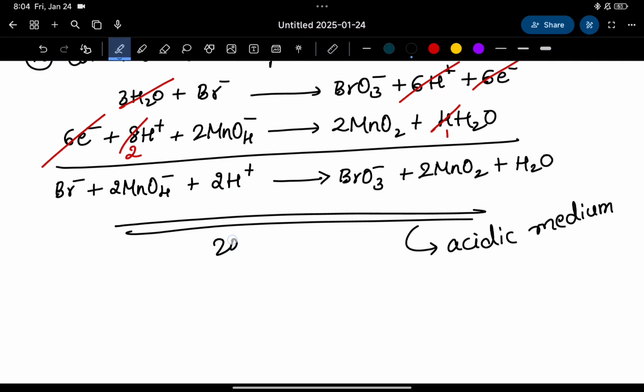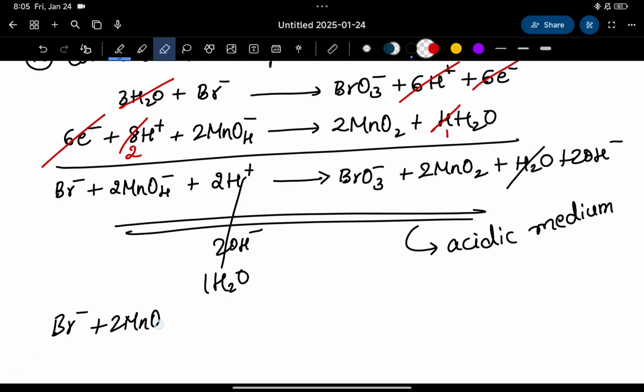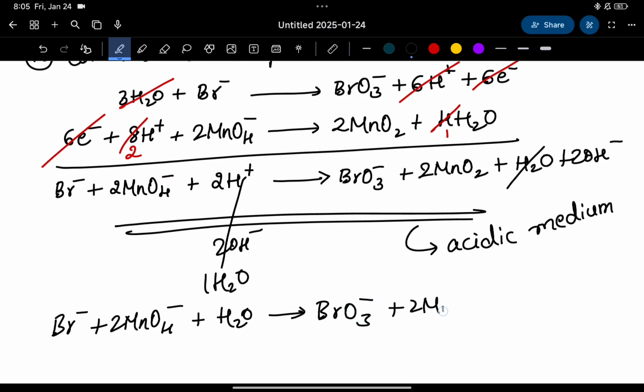So if I add 2 OH- here and 2 OH- here, 2 water molecules will get cancelled, and 1 water molecule will remain on the left hand side. So the reaction in basic medium will be 2MnO4- plus H2O gives BrO3- plus 2MnO2 plus 2OH-.